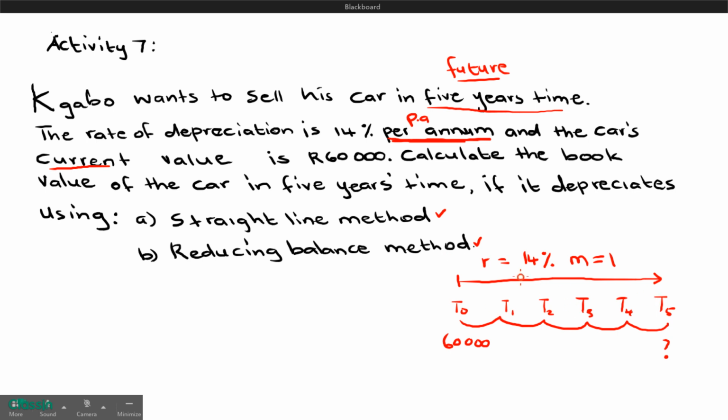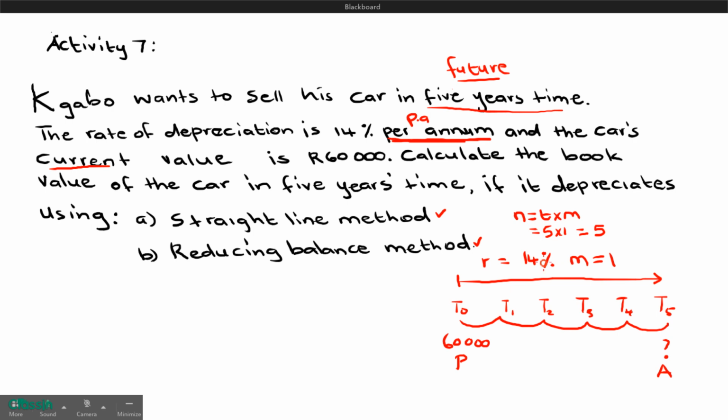Now, every time there are questions of this nature, I always indicate that initially is the value of P and future is the value of A. But the number of years is N equals T multiplied by M. In how many years' time? In 5 years' time. It means that we have 5 multiplied by 1, which is the same as 5.